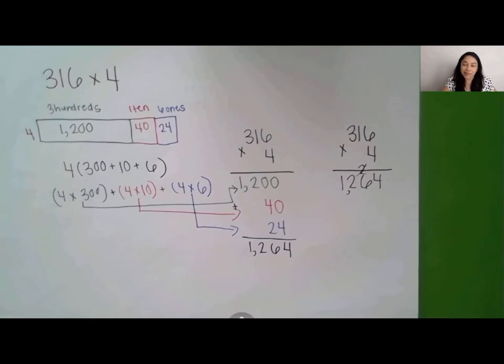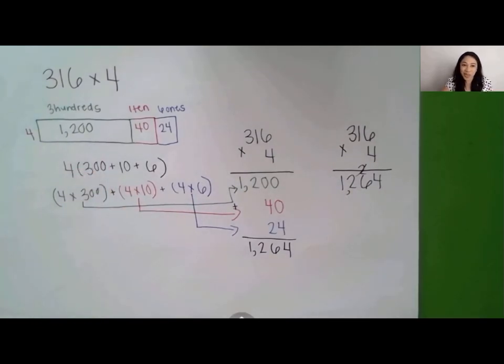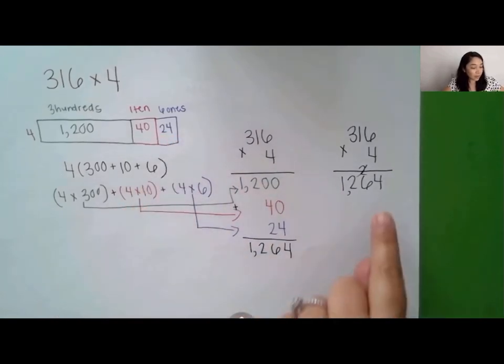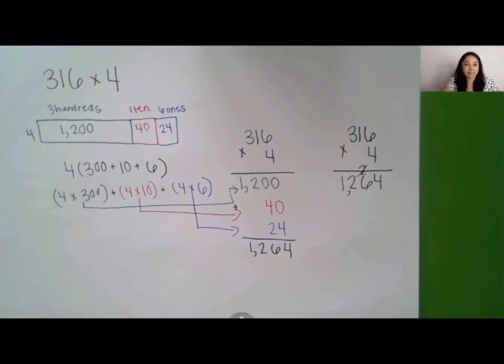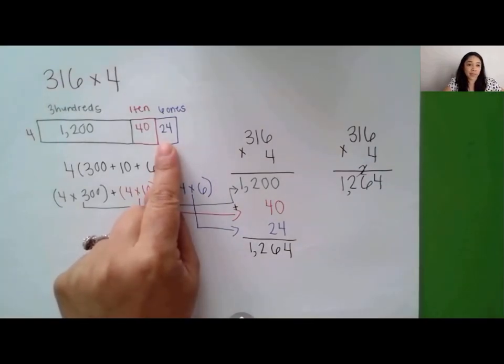However, when we look at the area model, it doesn't show us how we can regroup 24 ones as 2 tens, 4 ones, whereas in the standard algorithm, it does. Since I have 24 ones here, I could regroup the 2 tens.